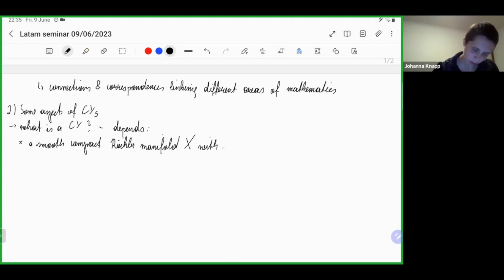So one thing is with vanishing Ricci tensor, which is usually not very helpful because for non-trivial Calabi-Yaus, the metric is not really known, so you cannot just go and compute the Ricci tensor. You may rather check if the first Chern class vanishes.